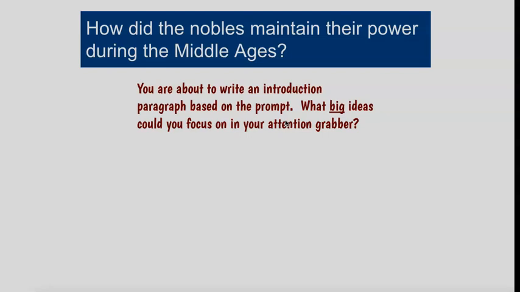One of the strategies for creating an attention grabber is to break apart the big ideas, or as I sometimes call them, the ingredients of your prompt, and then choose one of those ingredients to focus on in your attention grabber, using imagery or statistics or shocking details that might capture that audience attention. So, what might be the ingredients for a prompt like this one? Pause the video and think for about 20 seconds.